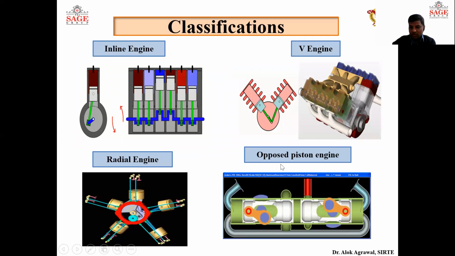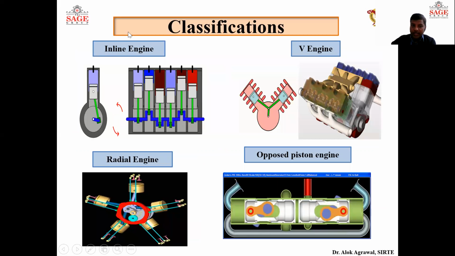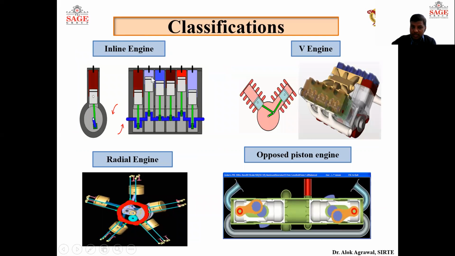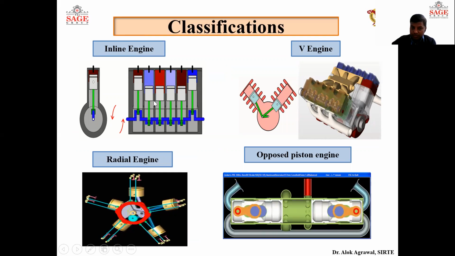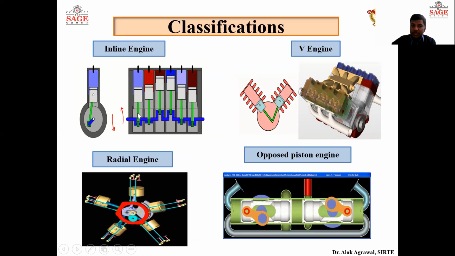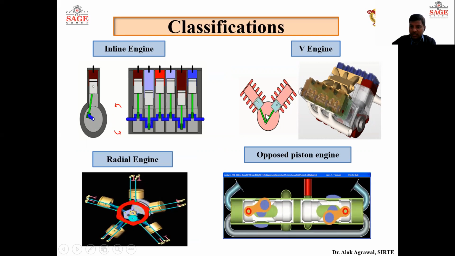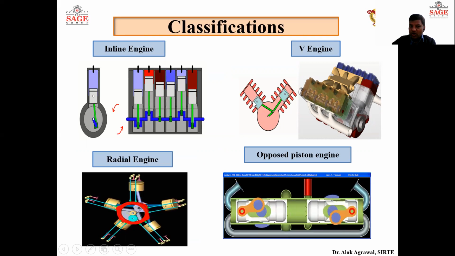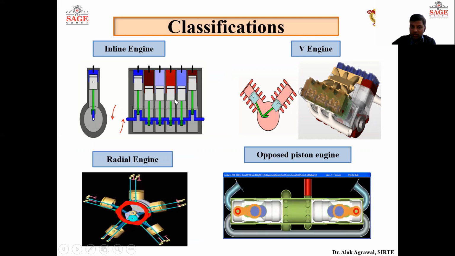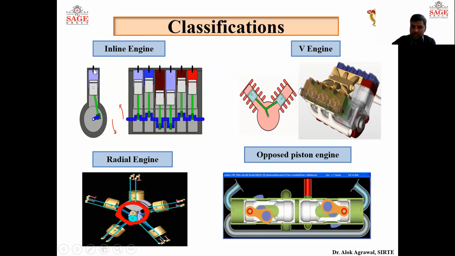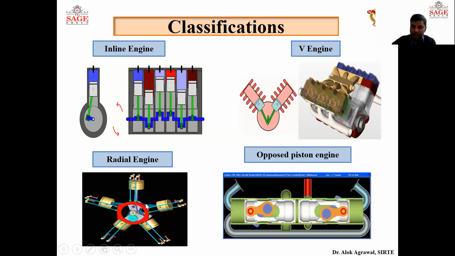In this slide you can see how an inline engine looks like. When the piston and cylinder are put in series, we call it an inline engine. If the same piston and cylinder we arrange in the shape of a V, we call it a V engine. See how this piston reciprocates inside the cylinder. This part is the piston and this is the side view of that.